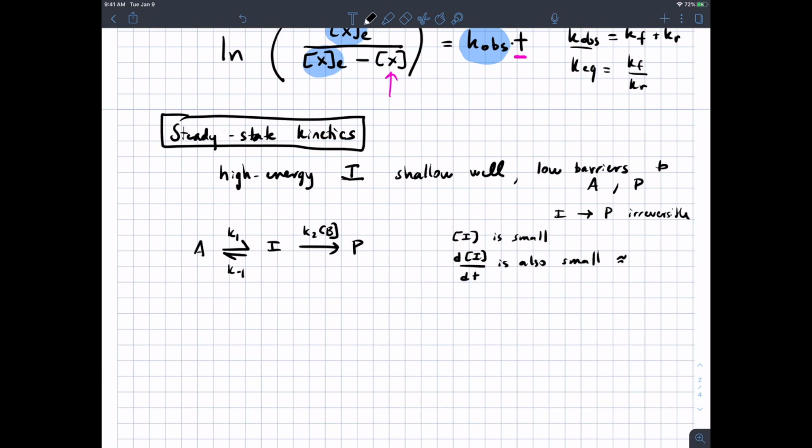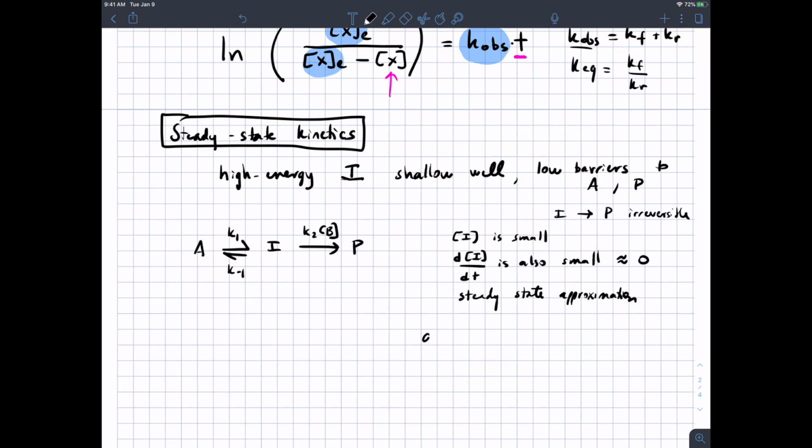And we're going to approximate it as 0. That is the steady state approximation. During the reaction, for most of the time, the concentration of the intermediate doesn't change. Are you okay with that?